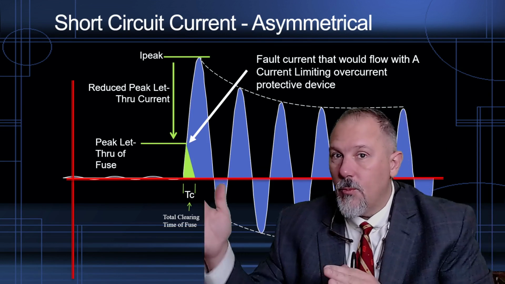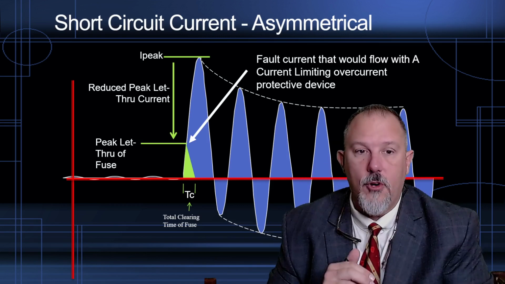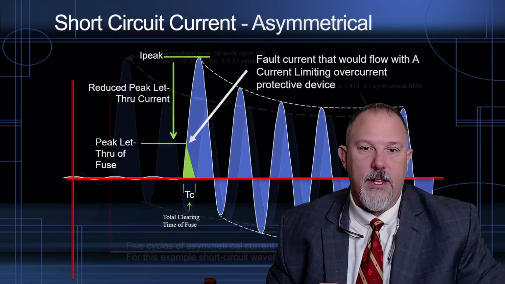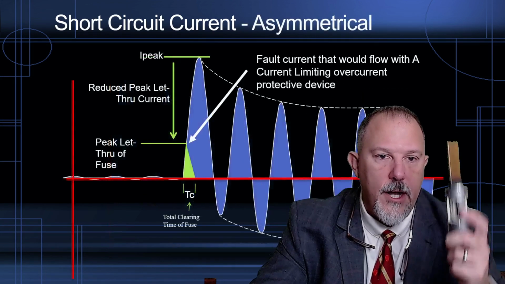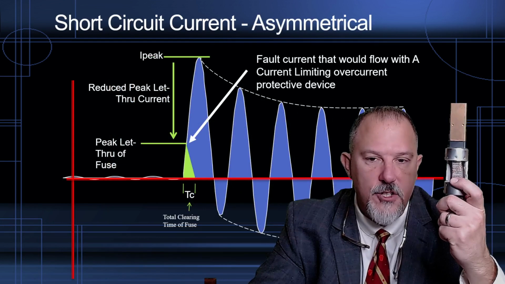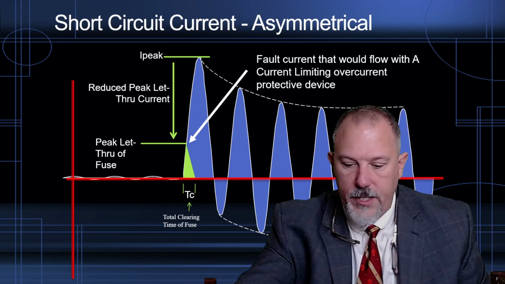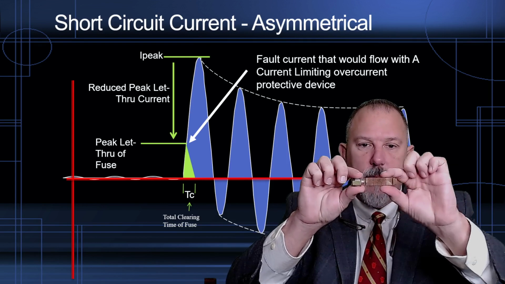Because it's way to the right of where my fuse crosses 0.01 seconds, I'm going to very quickly generate enough heat to hit these pinch points because I'm not in the overload region. Remember, the overload region on this element was over here. I'm going to be in this area.